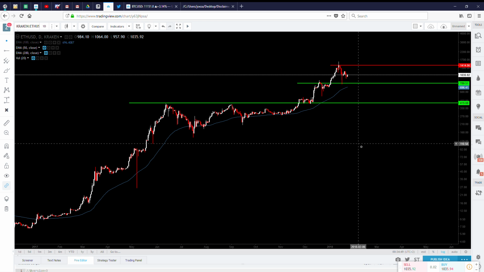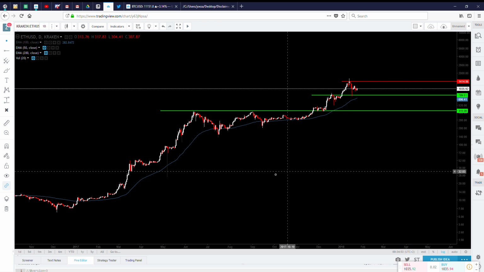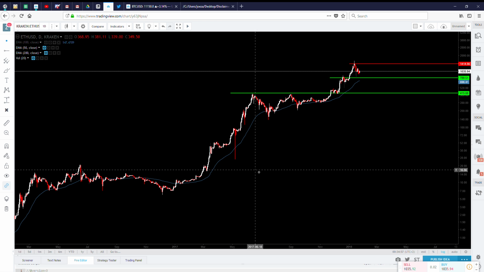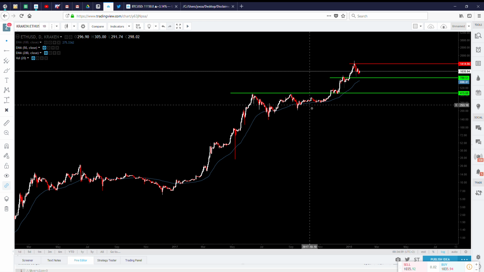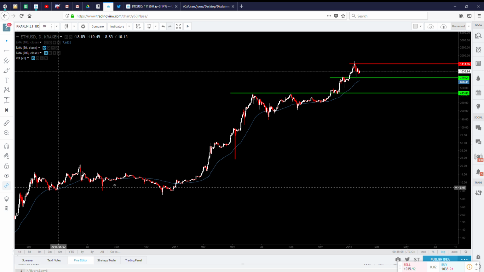Now I don't use it as a secret trading tool, but what I do is I like just understanding the trend with it.